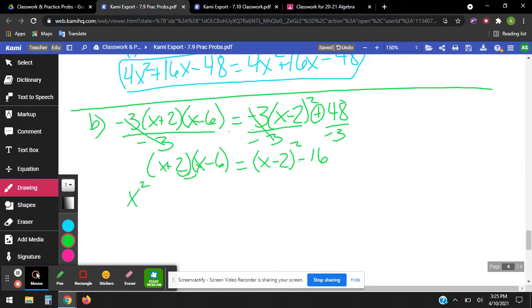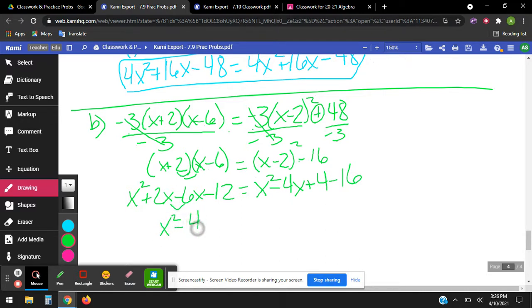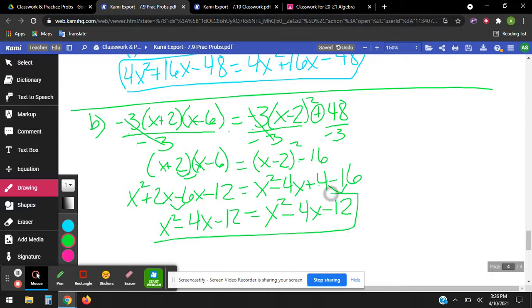So x squared plus 2x minus 6x minus 12 equals x squared minus 4x plus 4 minus 16. Here I can simplify these. x squared minus 4x minus 12 equals, here I can simplify these, x squared minus 4x, 4 minus 16 is a negative 12. Look at that. We ended up with the same thing again.